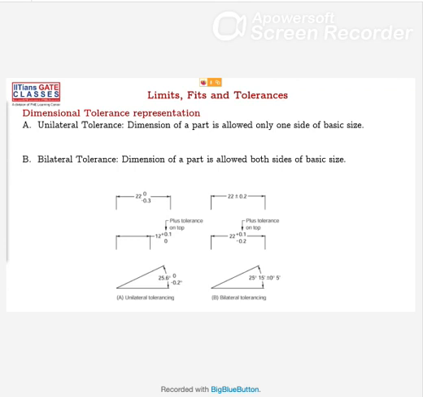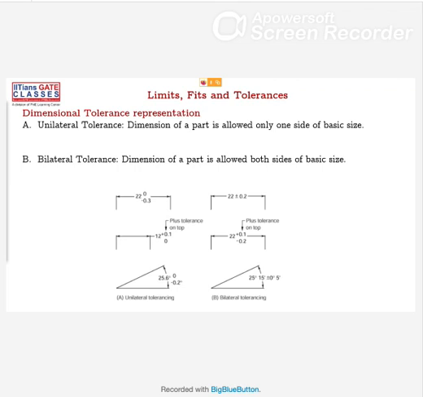And here is also a bilateral one, plus or minus 0 degrees 5 minutes. Angles are measured in degrees, minutes and seconds. So these on the right hand side are called bilateral tolerances. You got the point, sir?